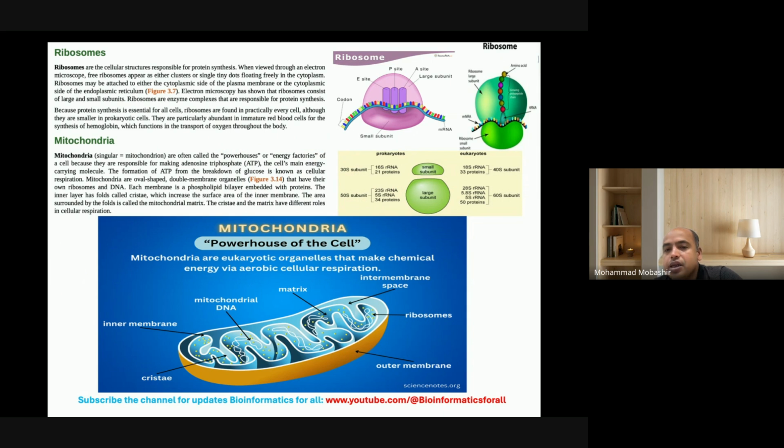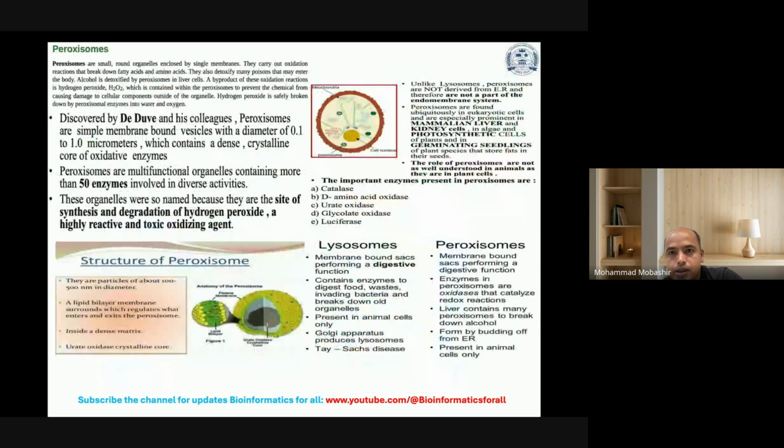That is why in a number of places you can see it written as mitochondrial genes, and you can see mitochondrial DNA is present. Thus, mitochondrial genes are also present, and they have specific roles.